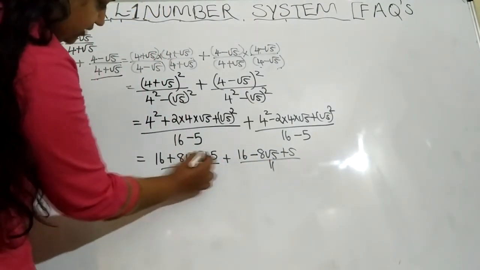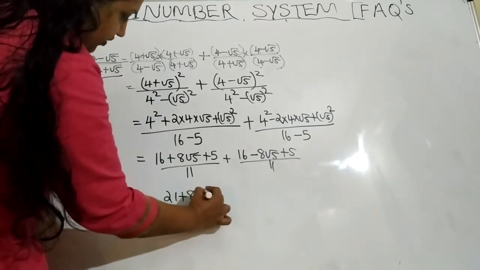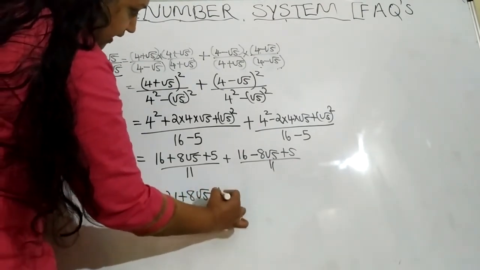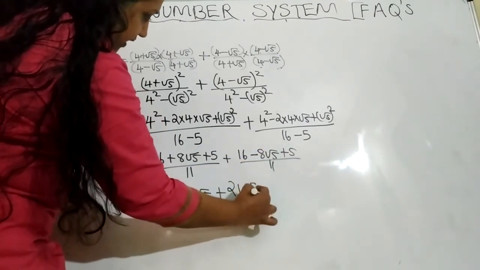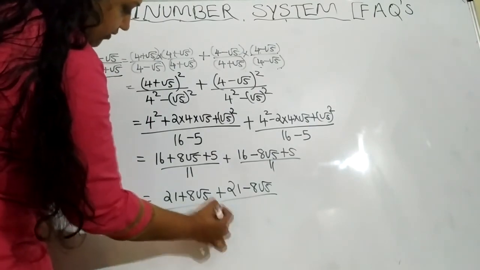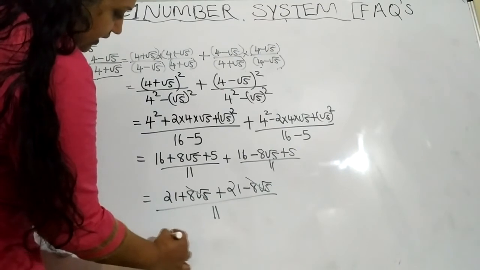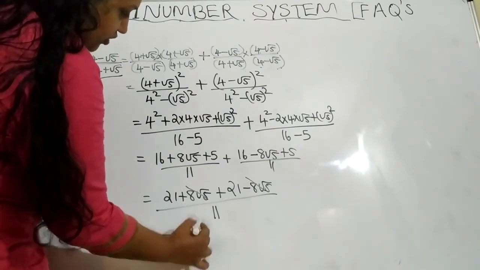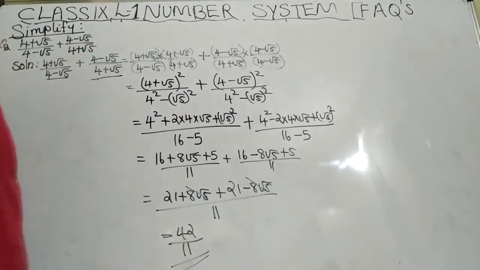That is 16 plus 5 is 21 plus 8 root 5, plus 16 plus 5 is 21 minus 8 root 5, whole divided by 11. Plus 8 root 5 minus 8 root 5 cancel. So the answer is 21 plus 21, 42 upon 8.